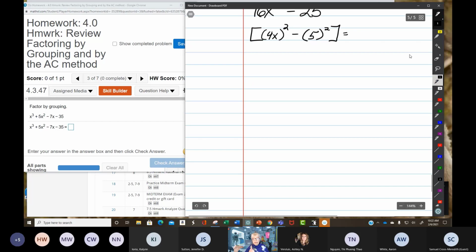Okay, I can factor that in a particular way. That's very easy. I love problems like this. Write the 4x and the 5 there, and the 4x and the 5 here.